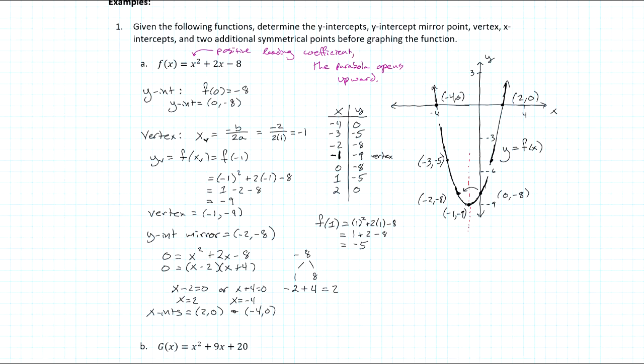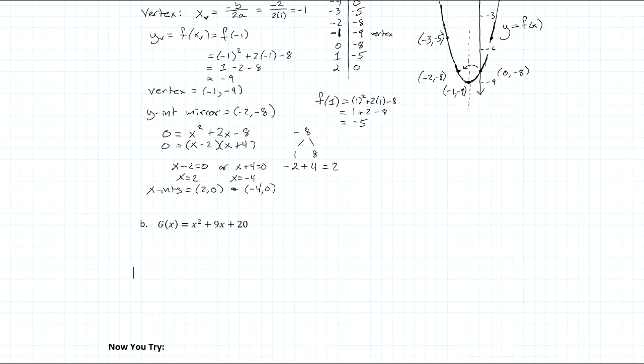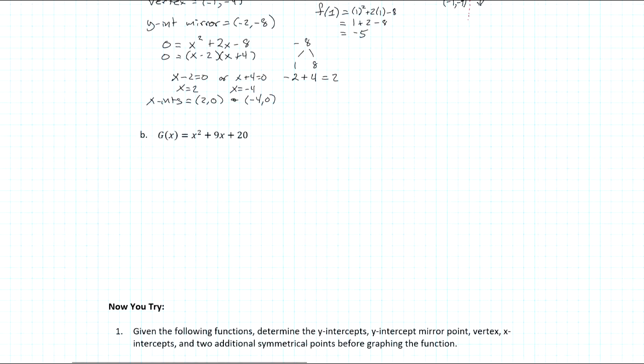Let's do one more. For our second example, we have capital G of x equals x squared plus 9x plus 20.